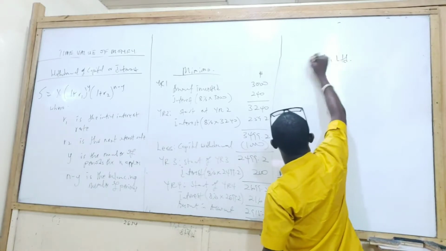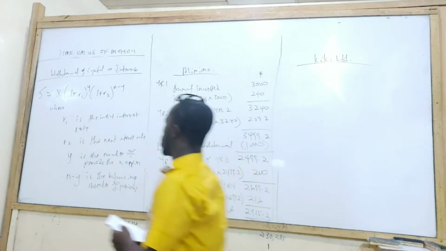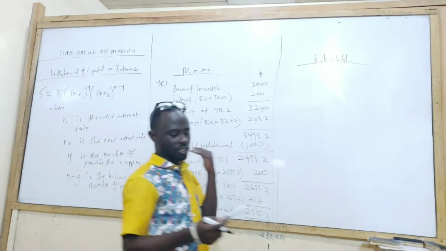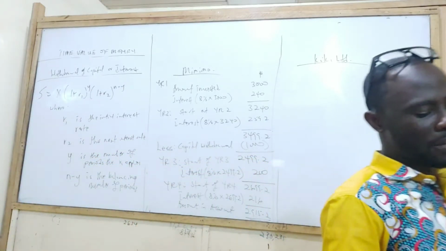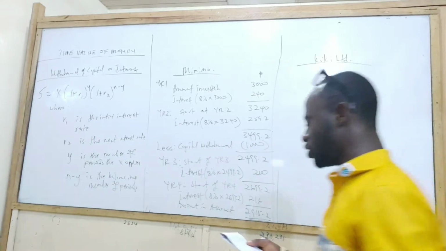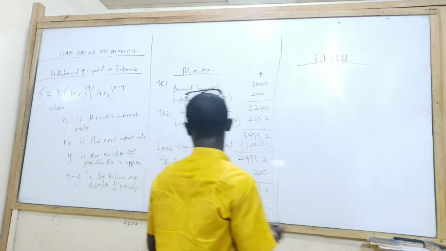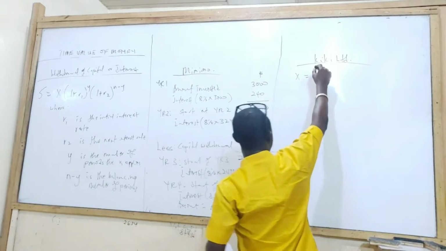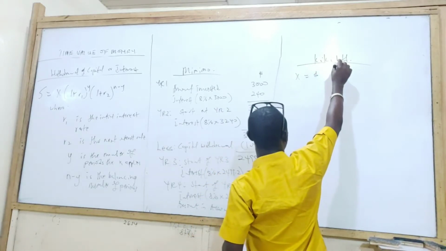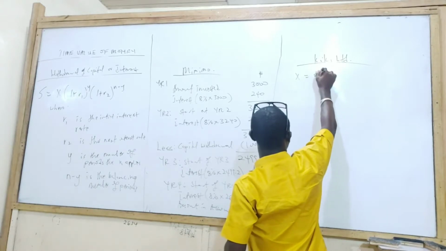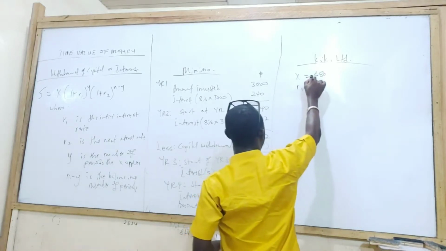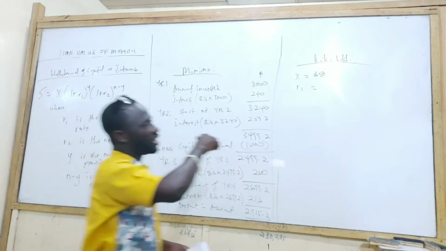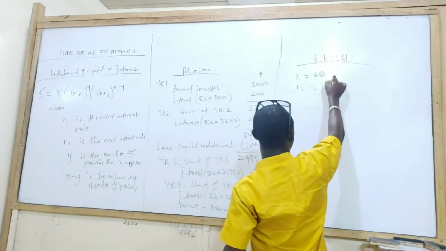So Kiki Limited. There's our formula when the interest rate is changing. Initially it was 10%, but after 3 years it is going to 8%. So let's go. Principal is how much they are investing: $8,000. R1 is the initial interest rate: 10%.